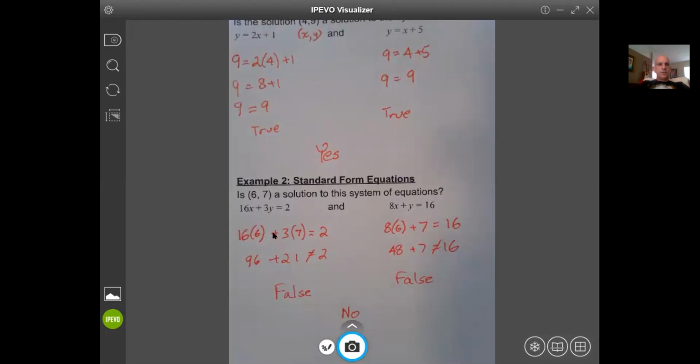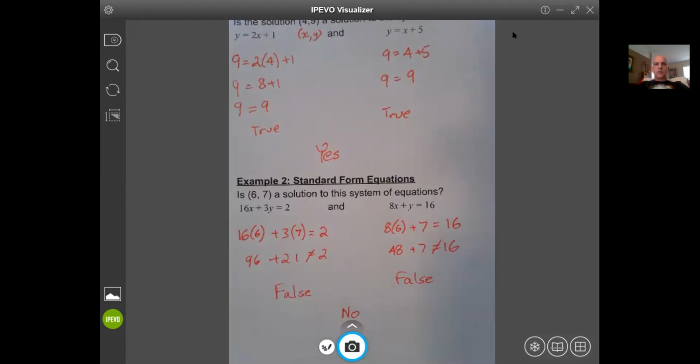So all you really need to do is simplify, in the case of slope-intercept form, the mx plus b part, and over here, you would need to simplify the ax plus by part. So on the slope-intercept form, you're simplifying the right side of the equation. In standard form, you're simplifying the left side of the equation and seeing if they are equal to the numbers on the other side. All right, questions on how to check our solutions for a system?